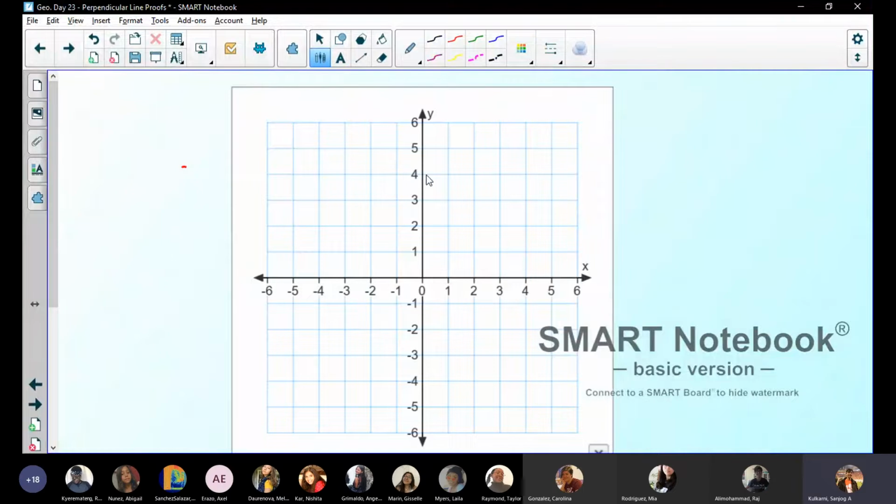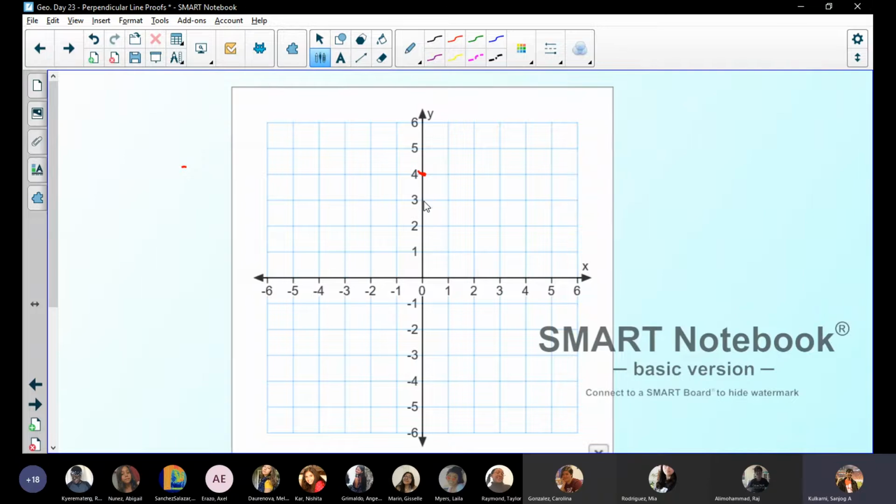So the y-intercept is 4, and we know the slope is negative 3 over 5. So we can go 3 units down on the y-axis and go 5 units positive on the x-axis.